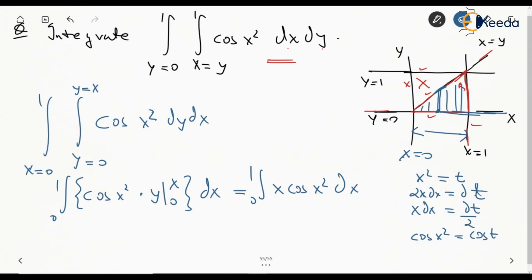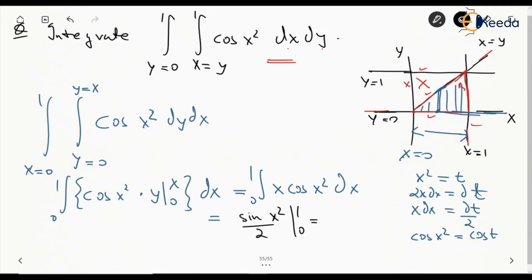That means the integration of this term is going to be sine of x square by 2. Why divided by 2? Because it is having only x dx. Had it been 2x dx, it wouldn't have been required. So it is sine x square by 2. The limits are 0 to 1.